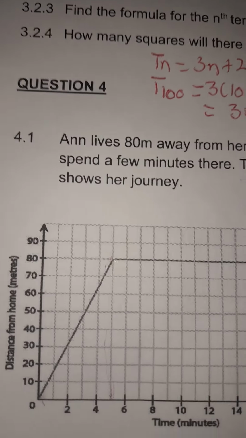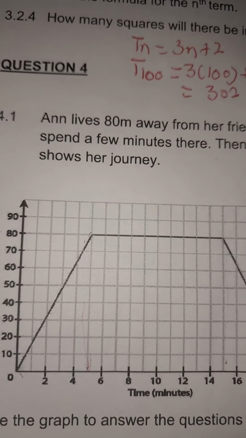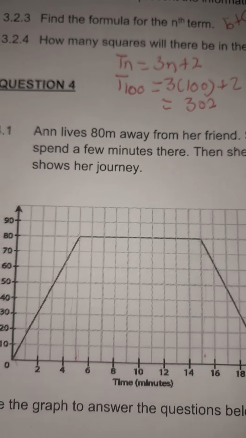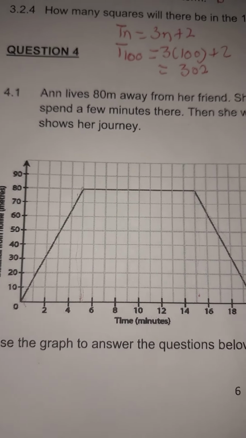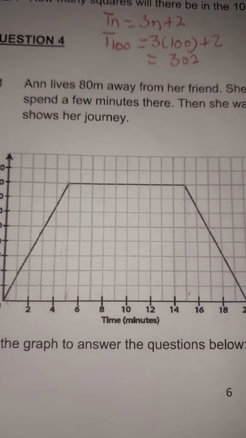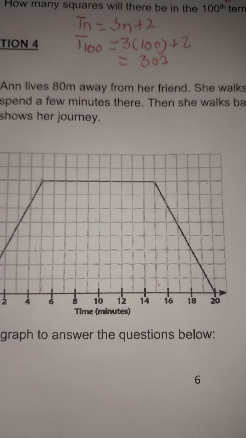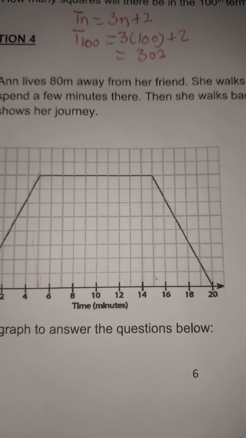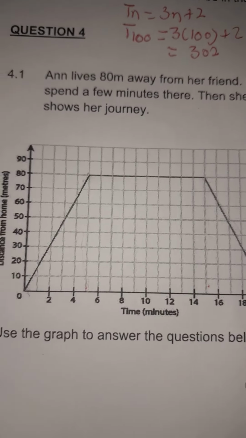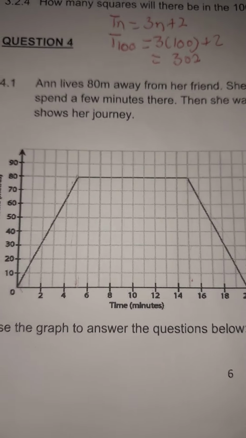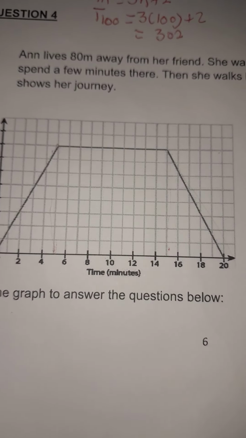Now we will work with question 4. First thing first, it's a function, so we need to know how to analyze. When we work with functions, you may recall there are linear functions and quadratic functions. We have different types of functions, but in this case, let's work with functions that involve distances and speed.